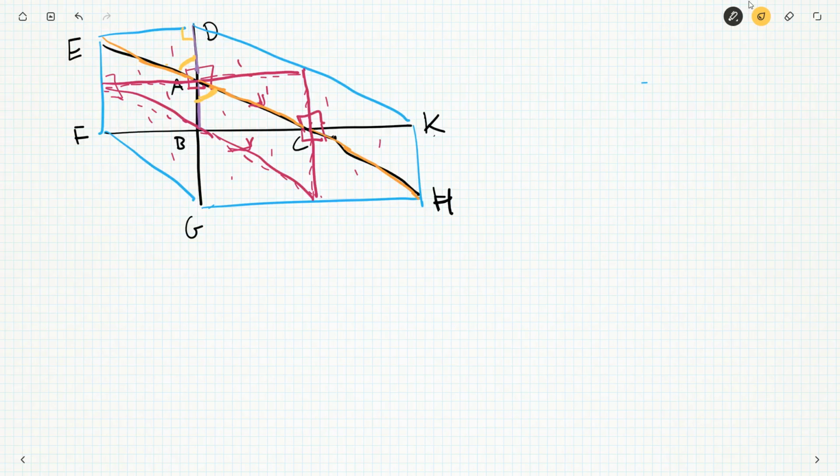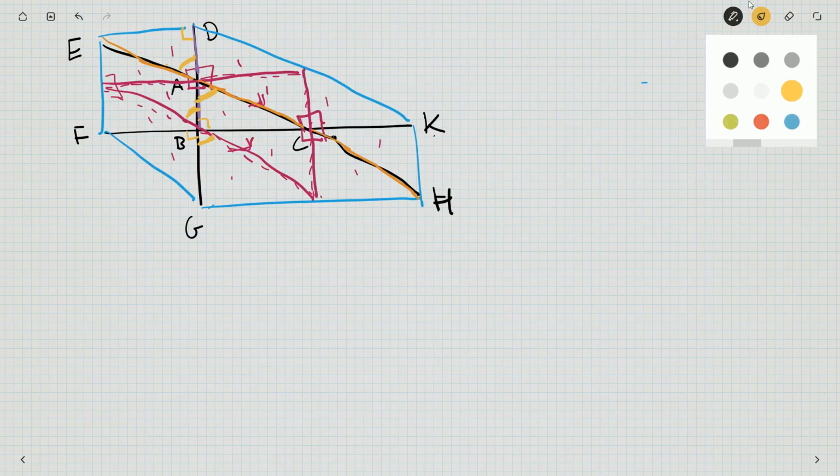Okay, what else can we do? We get a right angle here and a right angle here. This angle is going to be the same as this angle. And since I've chosen these to be parallel, they're going to be the same as this angle up here. We used purple, didn't we?